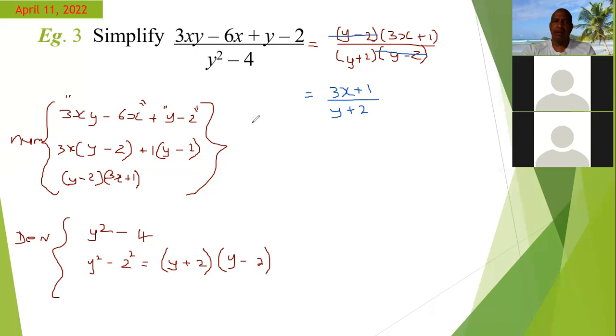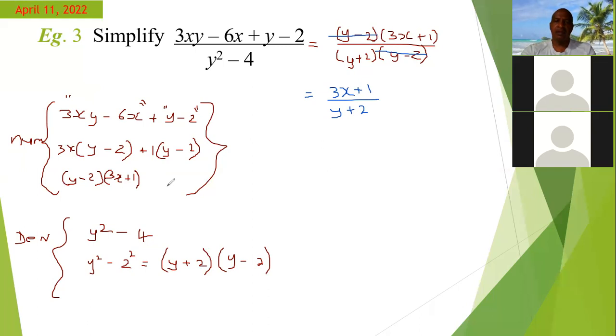Sir, what about y minus 2? Where do we get the y minus 2? In the numerator, when we're factorizing the numerator, that's the one you're asking about?